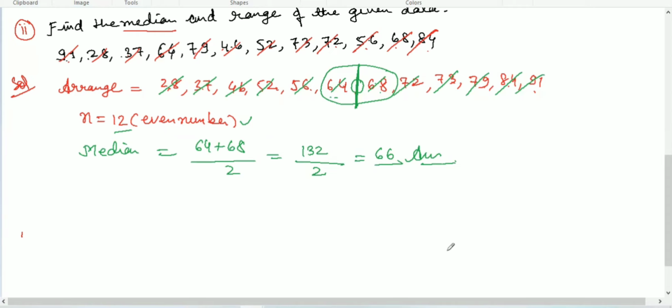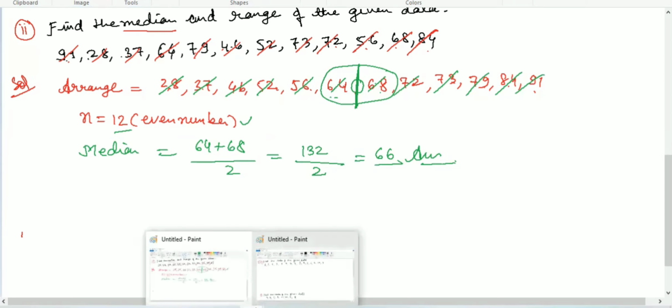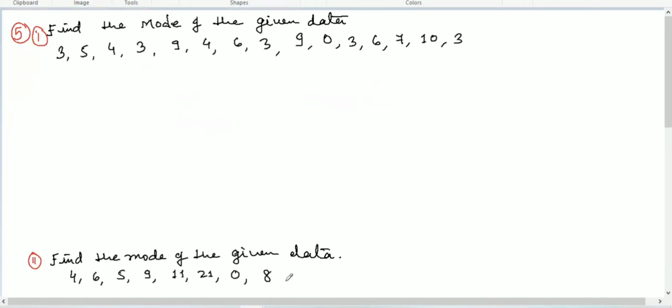Now we will find the mode of the data. So this is the question here. We will find the mode of the given data. How to find the mode? Write down each number here. Start from the lowest number and make the frequency table.